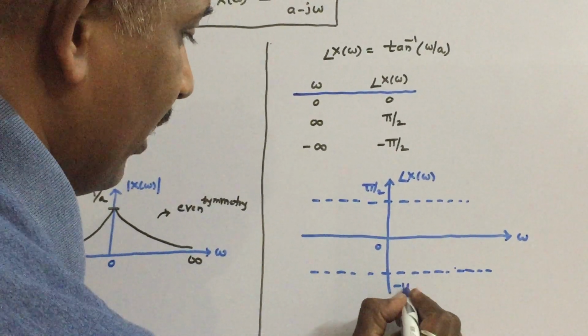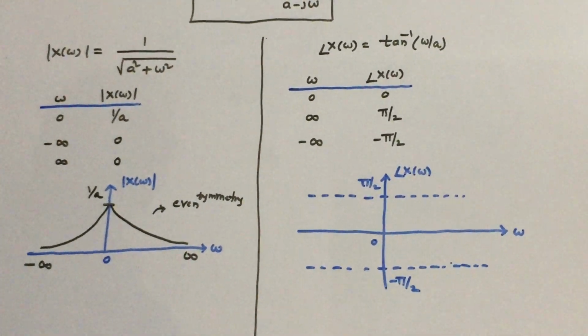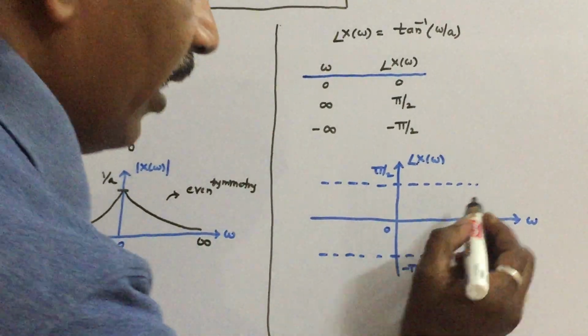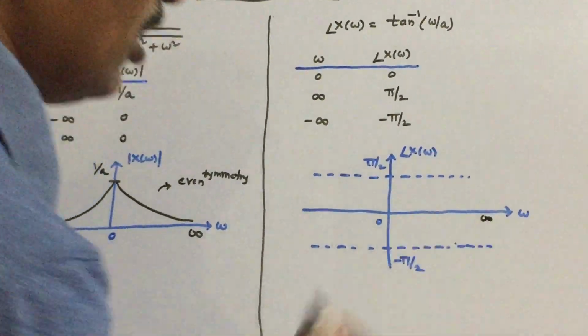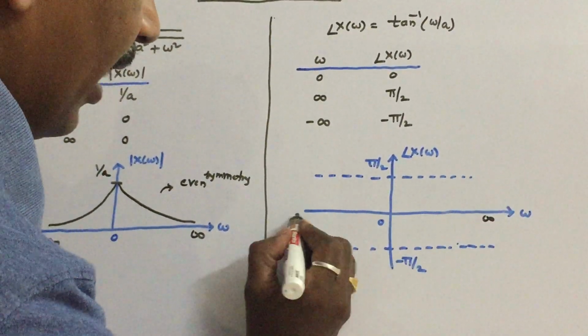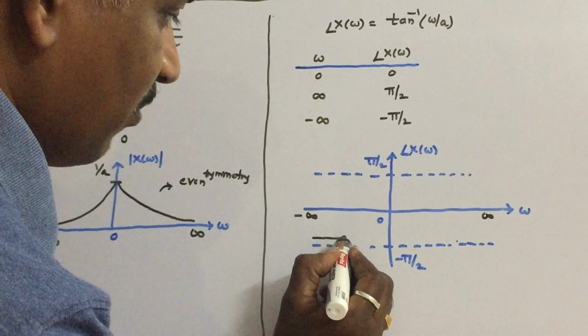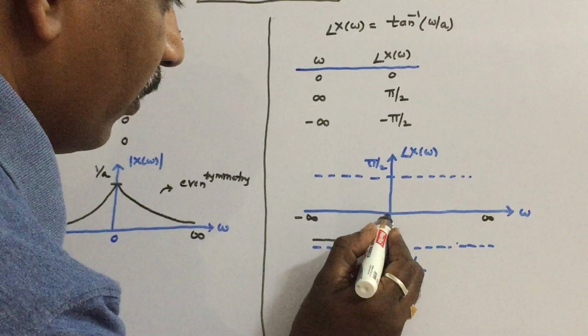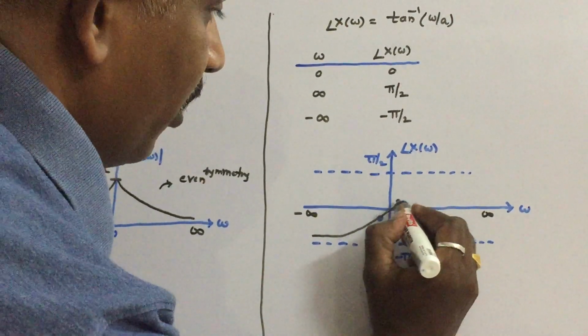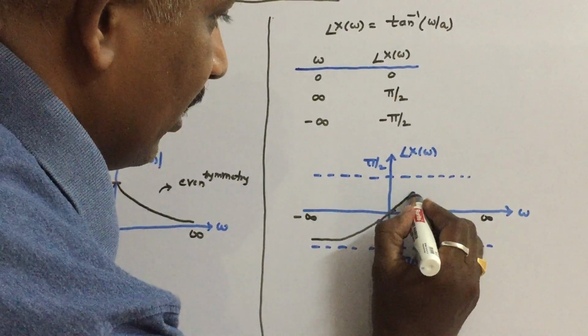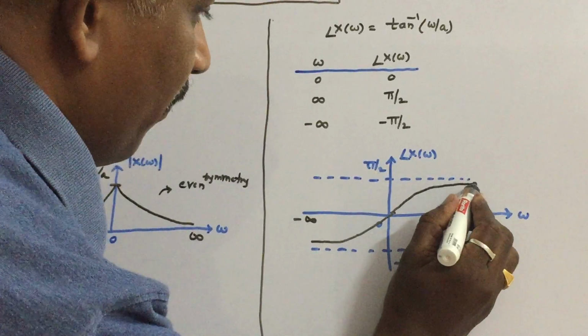At 0 the angle is 0. At infinity the angle will reach plus pi by 2. At minus infinity, the angle is minus pi by 2. So the phase spectrum starts at minus pi by 2, and by the time omega is equal to infinity, the spectrum reaches an angle of plus pi by 2.